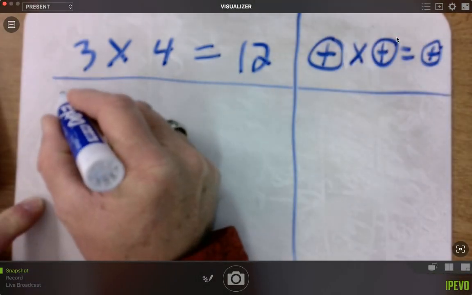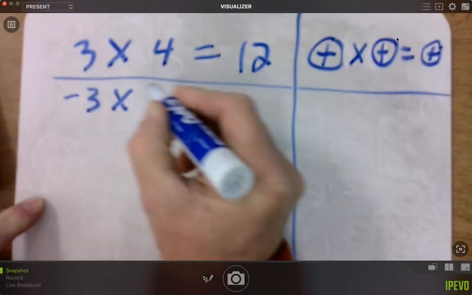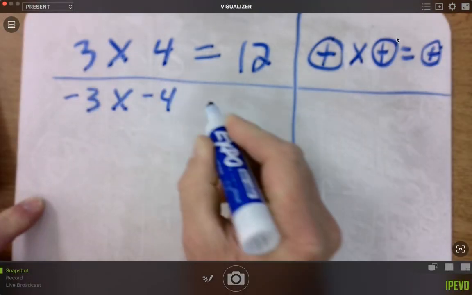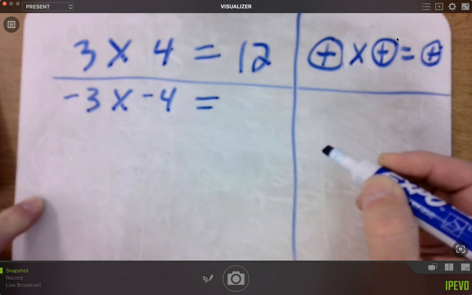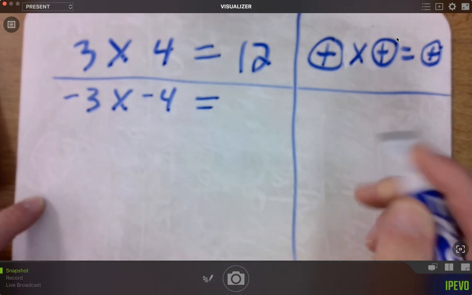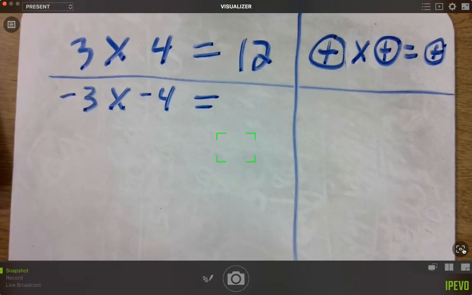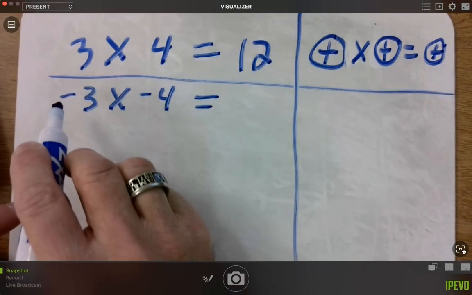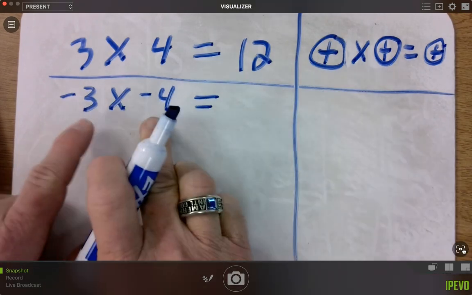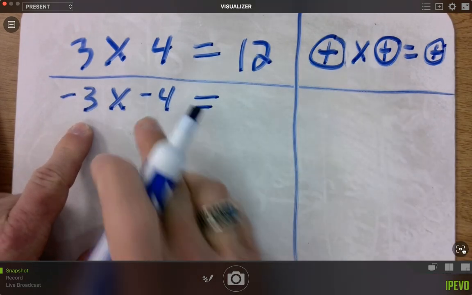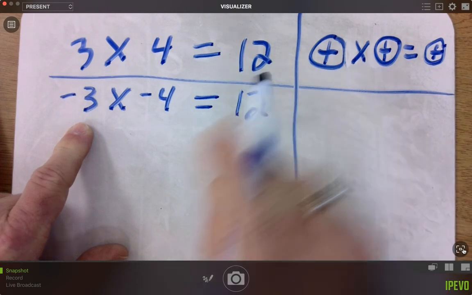Okay, now the second example. Let's try negative 3 times a negative 4. Again, you'll probably remember from the rules that I just showed you that a negative times a negative is a positive. So you just do the same thing as before. 3 times 4 is 12. And then you look at the sign.